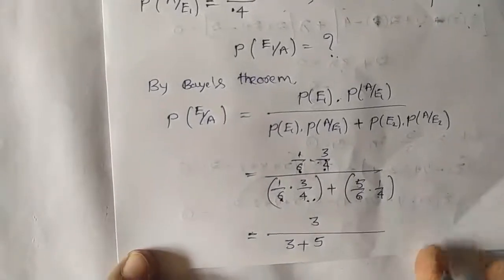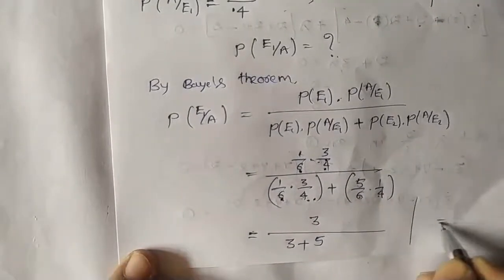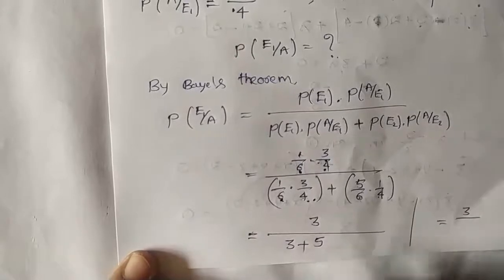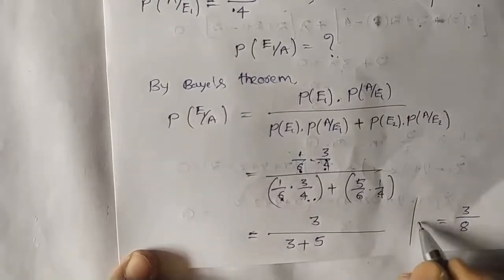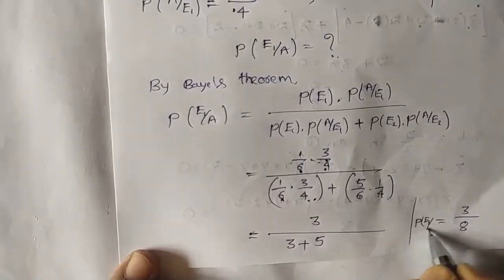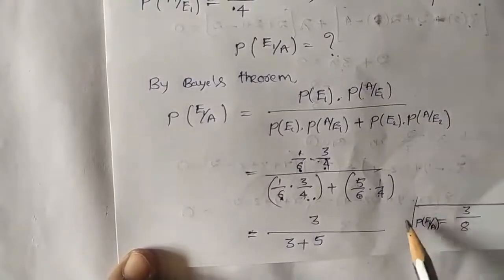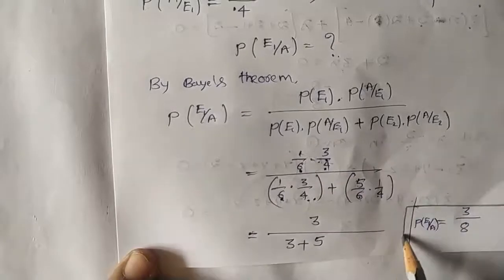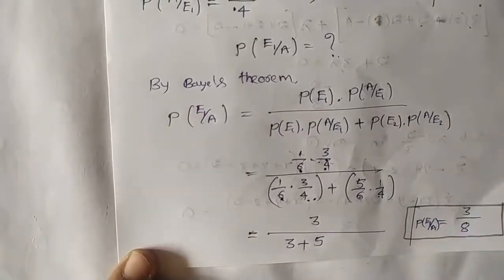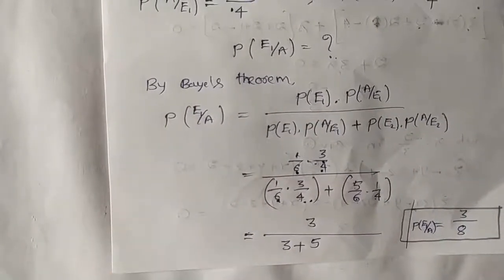That equals 3 divided by 3 plus 5, which is 8. Hence it is the probability of the event E1 given that A has already occurred. Hence it is the solution for the 38th question. Okay, understand?